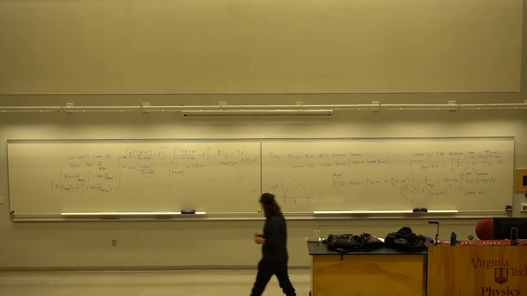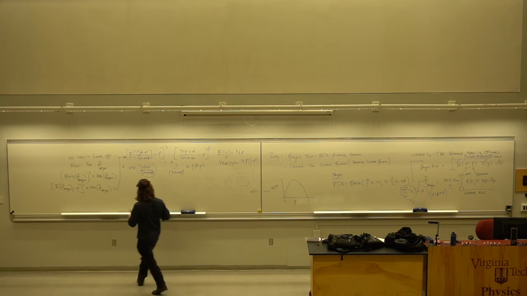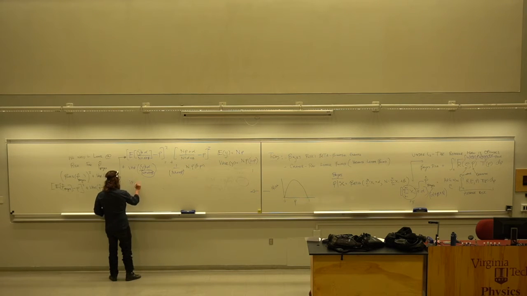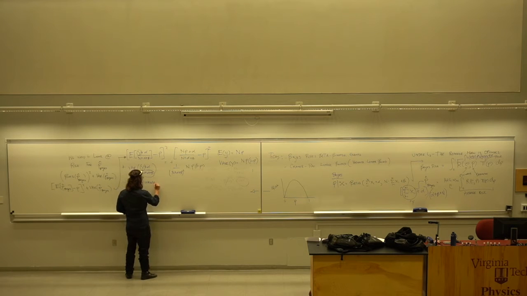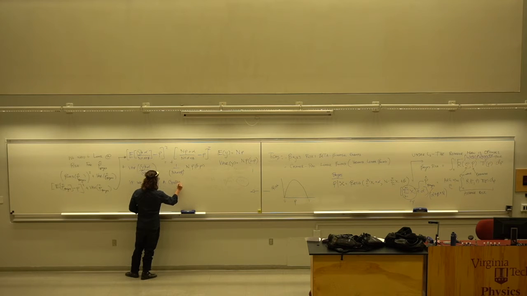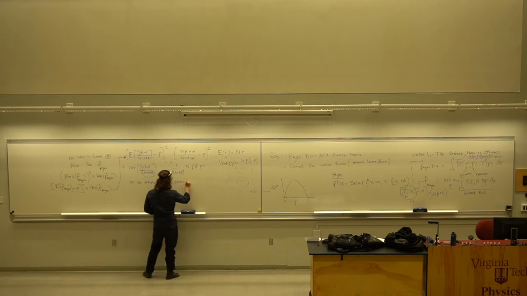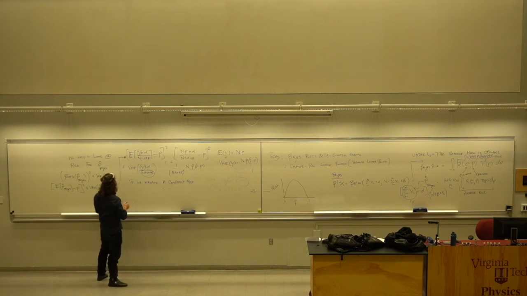What we could also do is, if we wanted to find a constant risk, we take this function right here, and I'm just going to write down that this is going to be my risk.